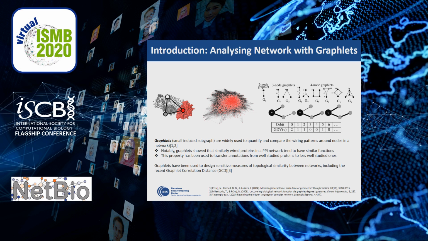For any node in a network, we are going to create its graphlet degree vector, which is a vector in which each entry counts the number of times the node can be seen in any of the specific positions in the graphlets. So these graphlet degree vectors are used to compare the wiring patterns of 2 nodes in a network, but also at a global scale to compare the wiring patterns of 2 networks.